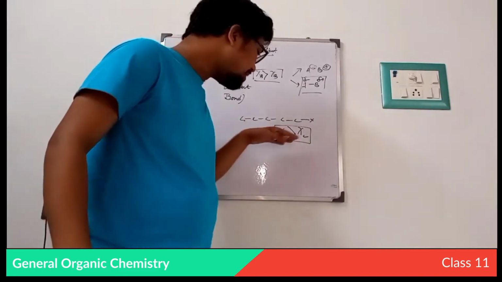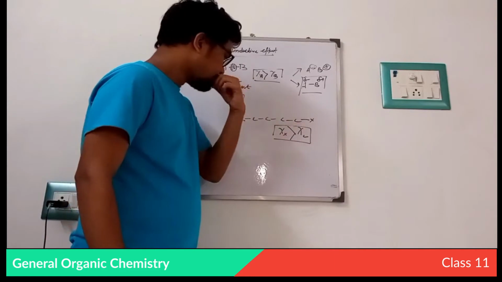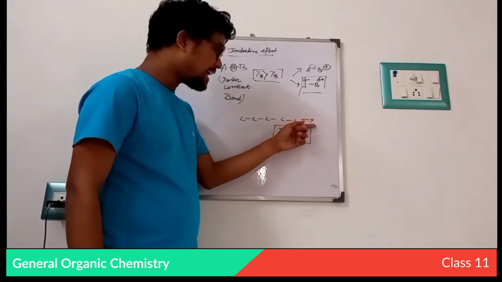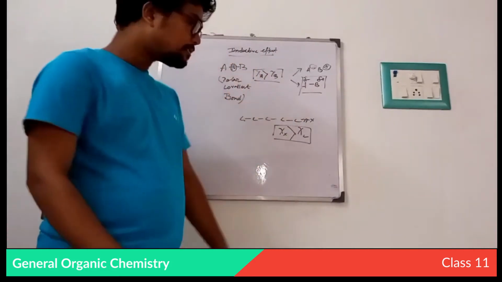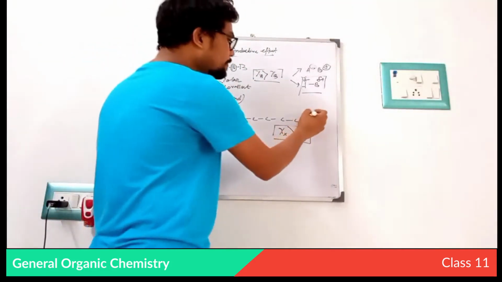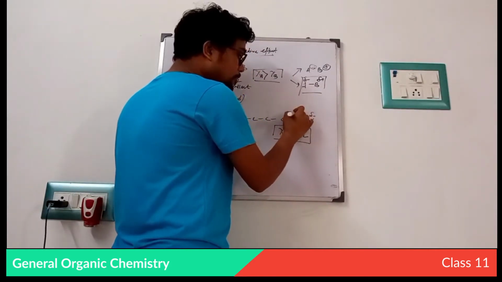Now what happened? This X will attract the electron density from this carbon. So we have delta minus on that X and delta plus on this carbon.